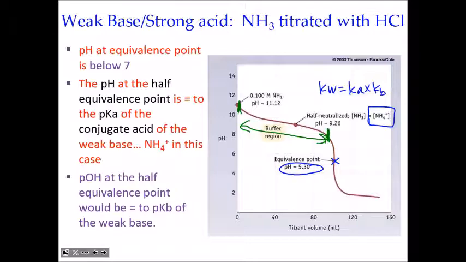But then you have to do the extra added step of subtracting it from 14 to get that pH value, because these titration curves are never going to be measured in pOH. They're always going to have the pH on the y-axis. Does that make sense? Any questions?